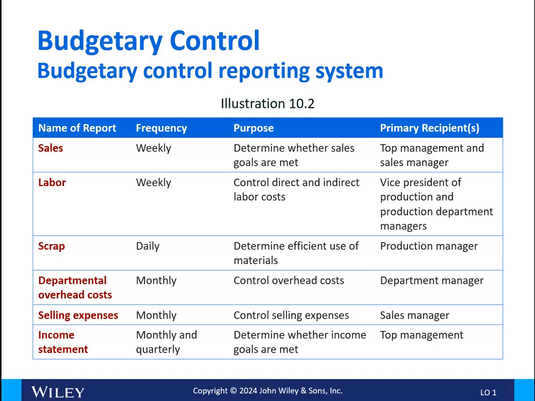It goes to top management and the sales manager. For labor, you're controlling direct and indirect labor costs, and it goes to the vice president of production and production department managers. Some things are even daily. Then overhead costs and selling expenses are monthly reports, and the income statement is quarterly as well.